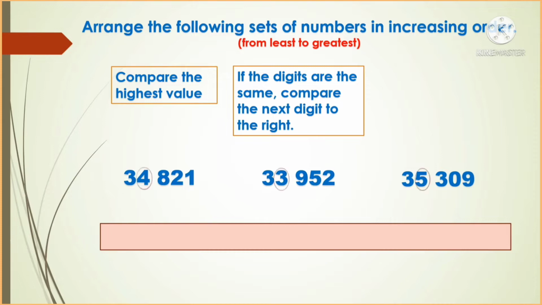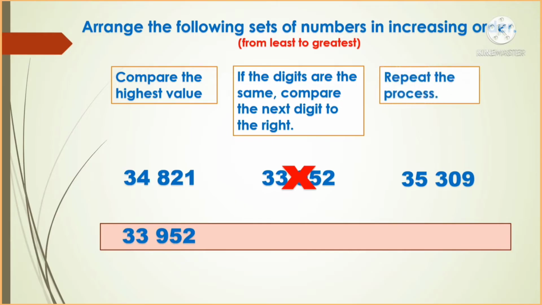So, we have 4, 3, and 5. So, kung mapapansin mo, ang 3 ay mas maliit sa 4 and 5. Therefore, 33,952 is the least number. And then, i-cross out natin ito.